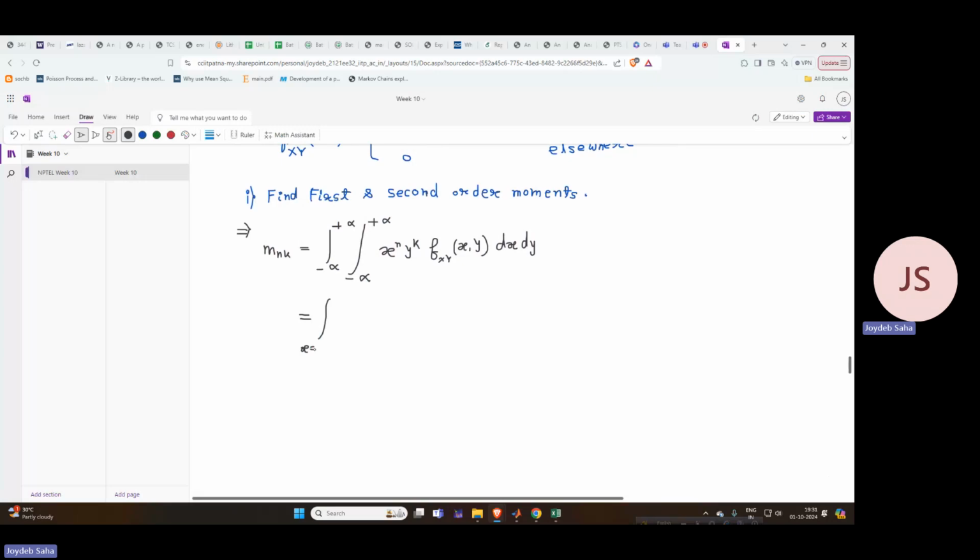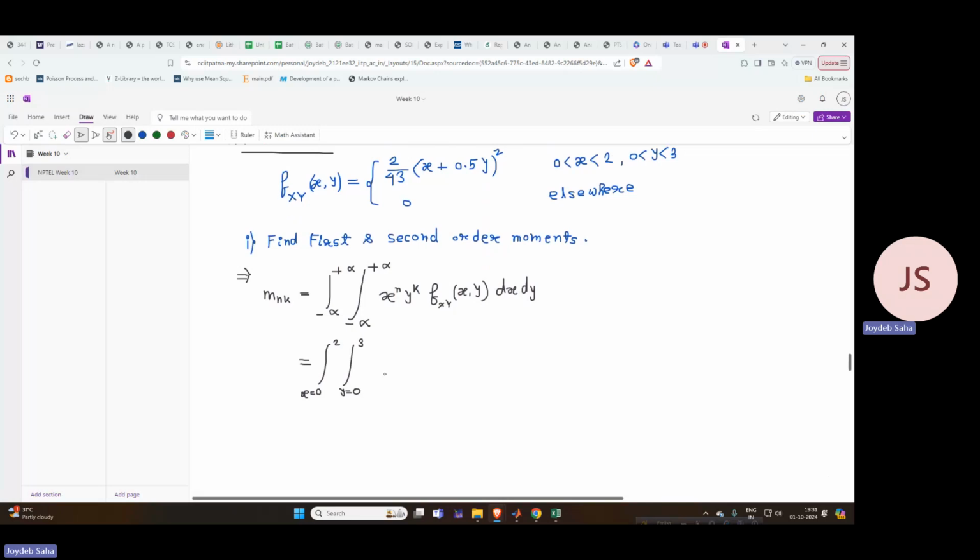This is x is equal to 0 to 2, y is equal to 0 to 3, x to the power n, y to the power k, 2 upon 43, (x plus 0.5y) whole square, right? This is dx dy.